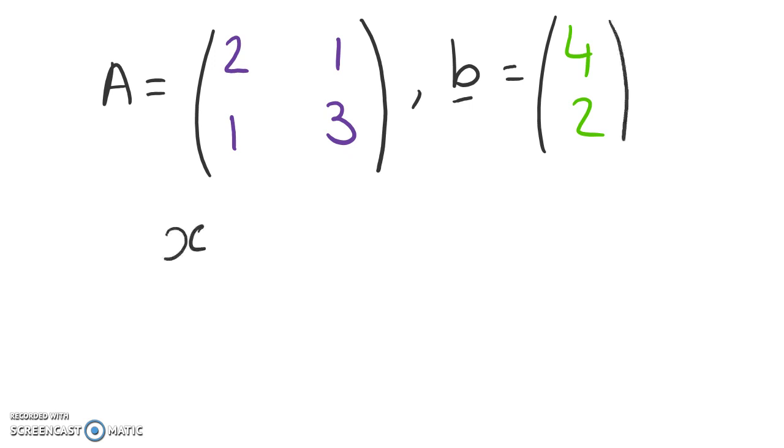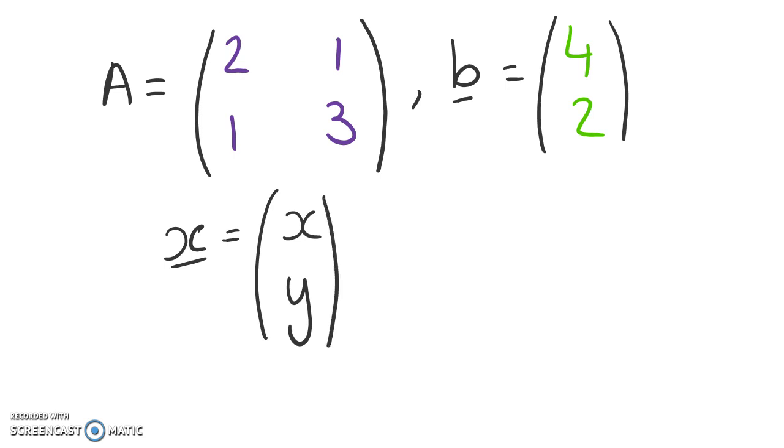And x is equal to x, y. So it's important to note there is a difference between vector x with the underline and the scalar x with no underline. And these are our unknowns. And our matrix form here is Ax equals B.